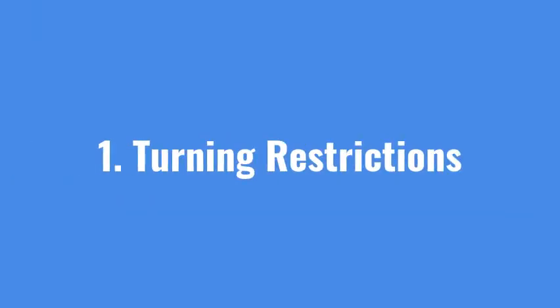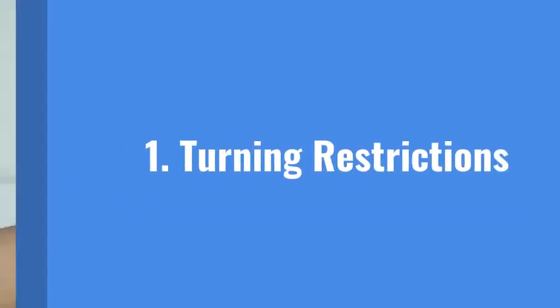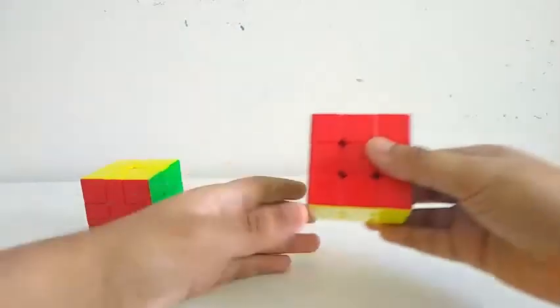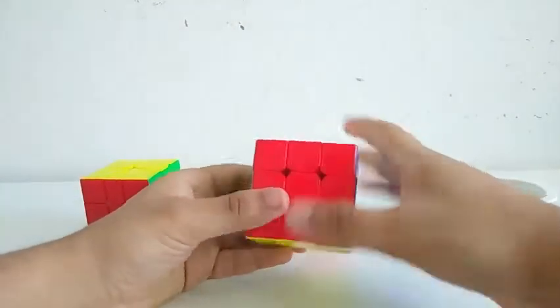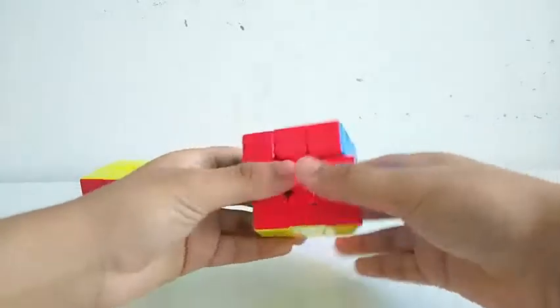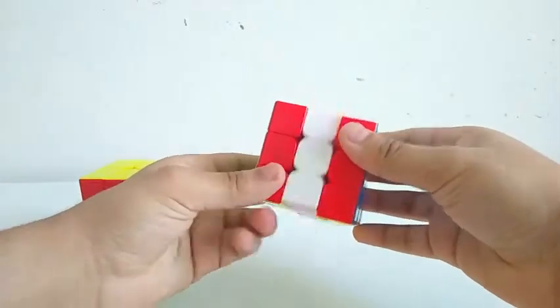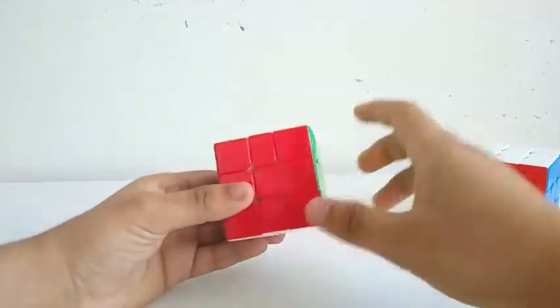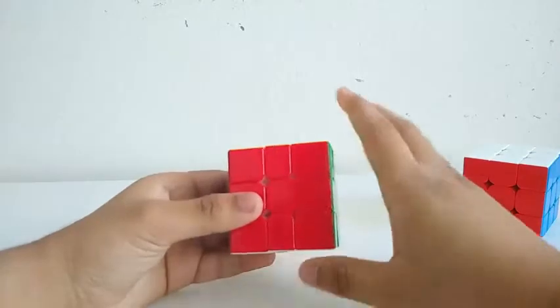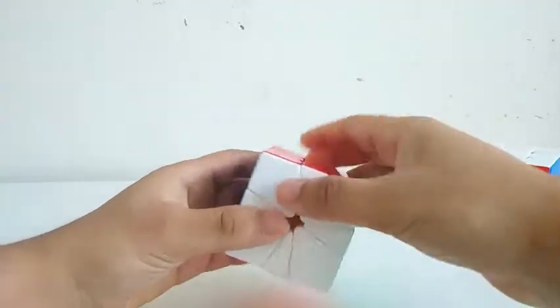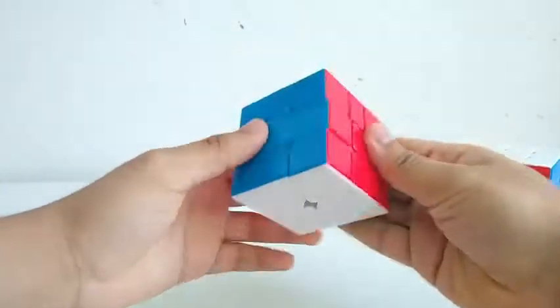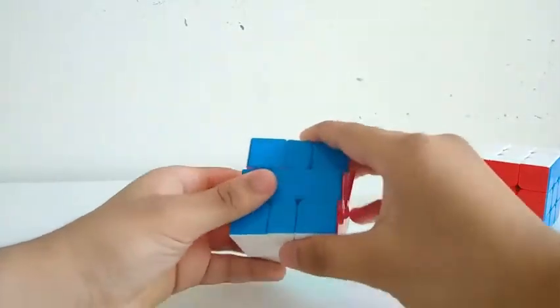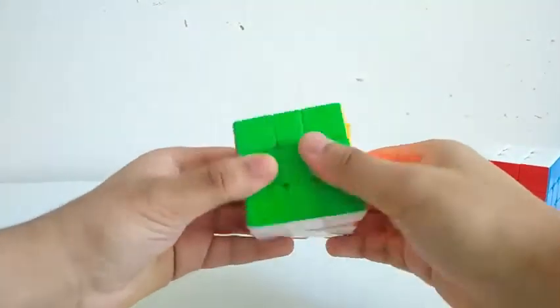First off, let's learn about the restrictions of the Square-1. So on a normal 3x3 right here, we can do R moves, L, U, D, F, Z, and even slices. But a Square-1 is pretty different. On a Square-1, you can't do any F or B moves since you can't move this layer, or even this one.